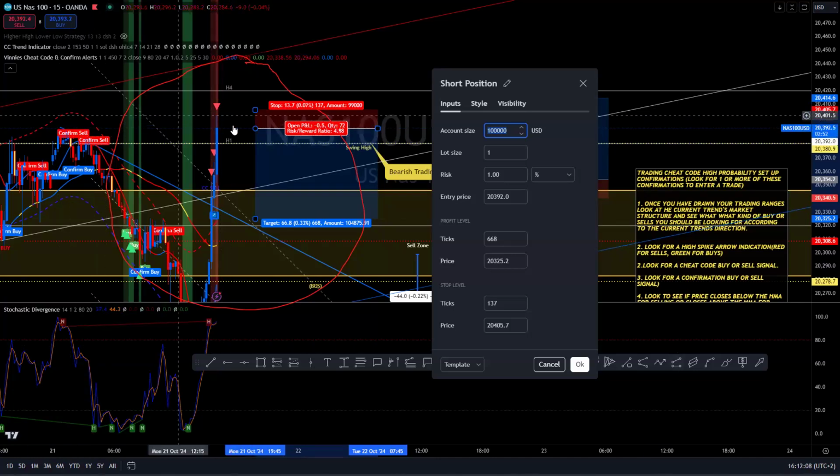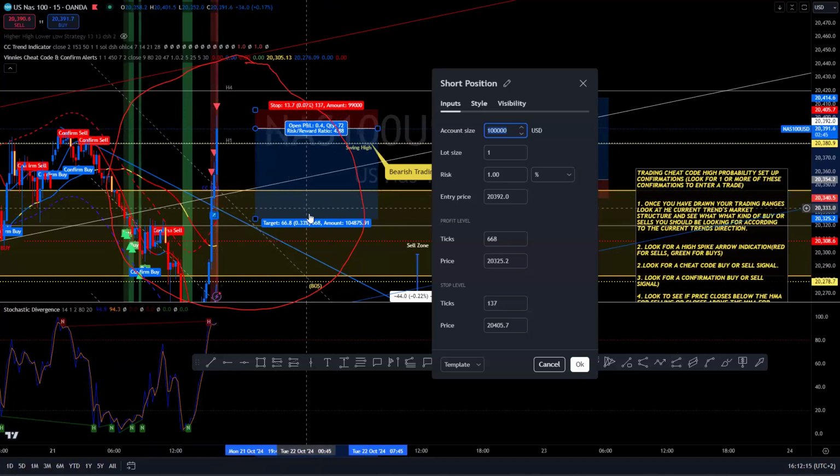But there's finding this in this area. That's what I'm looking at. You'll see this here. It's overbought at this point.